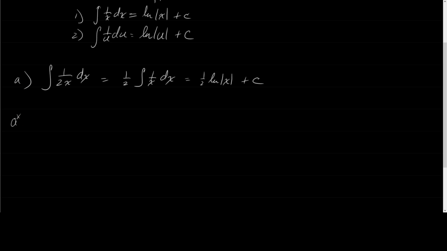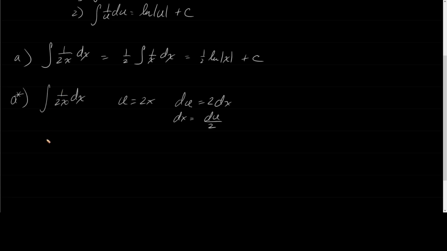Let's look at a slightly different way. The integral of 1 over 2x dx. Let's say that from the very beginning I said that u was equal to 2x. Then du would be 2 dx, so that dx is equal to du over 2. At this point, we get that this integral becomes 1 over u, right? Our 2x is our u.